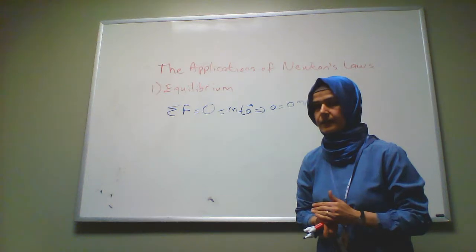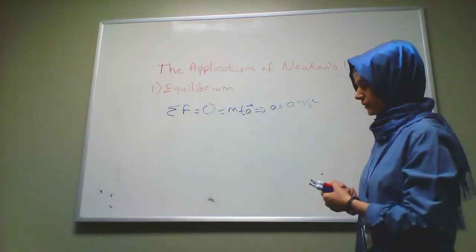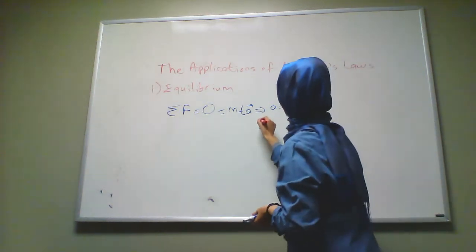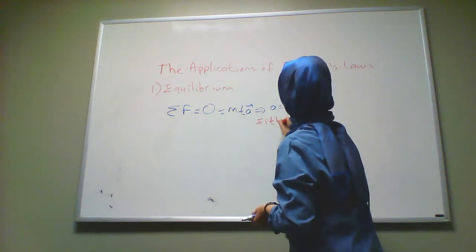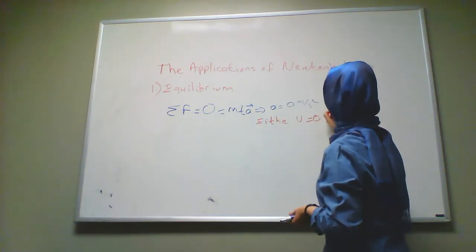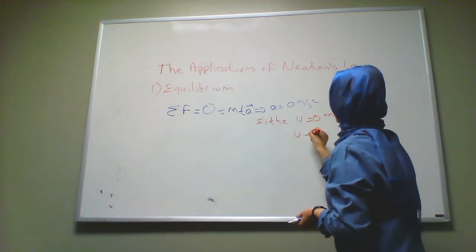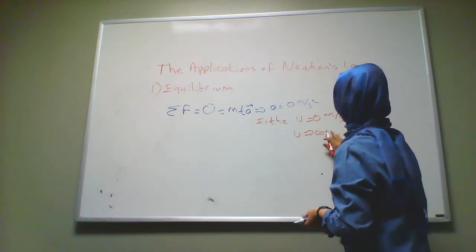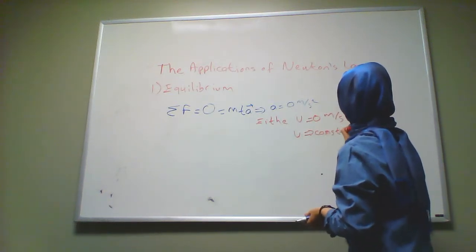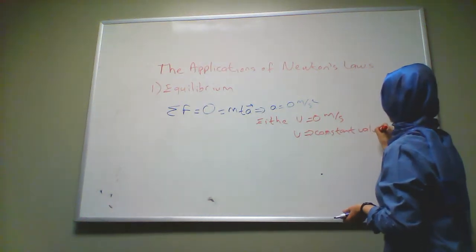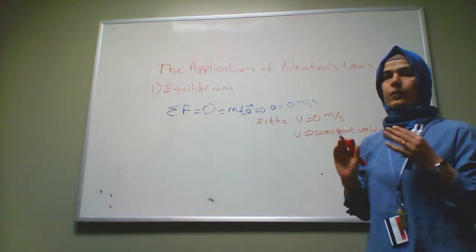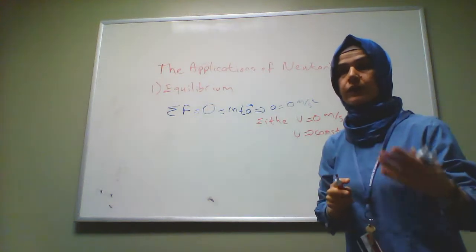Not always the case. It could be at constant velocity. So either v is 0 meters per second or v is a constant value.